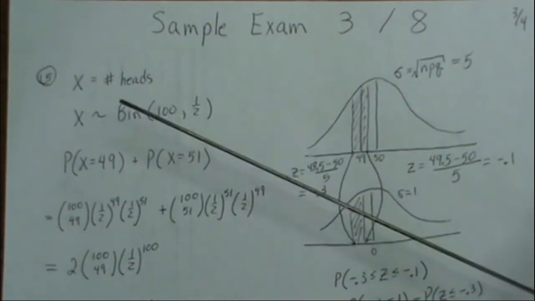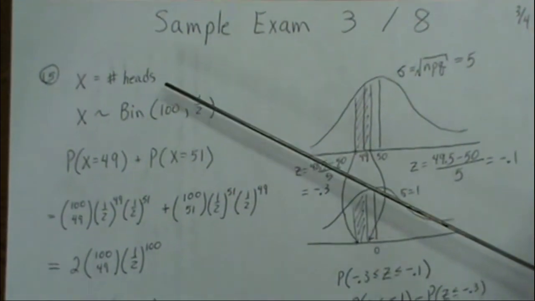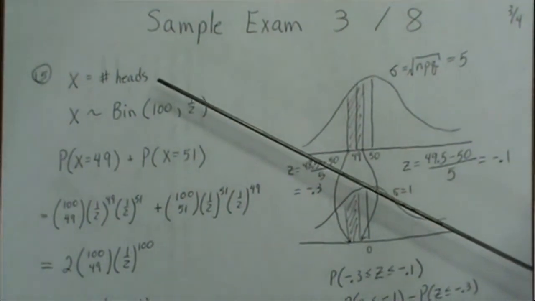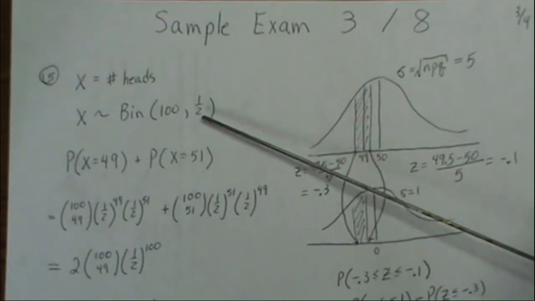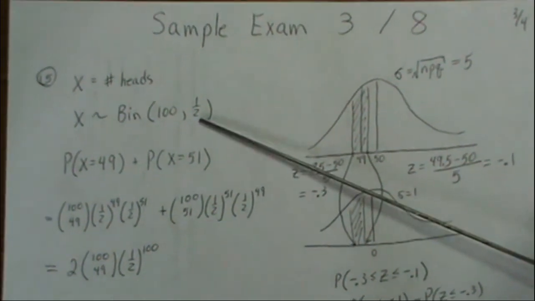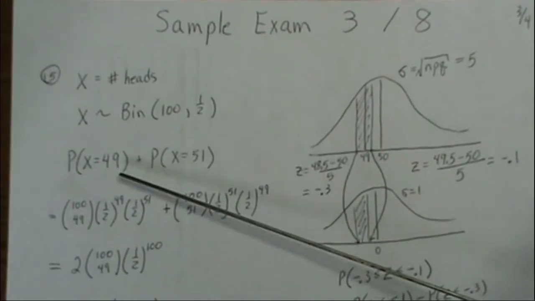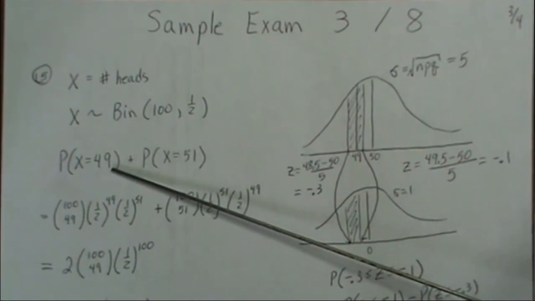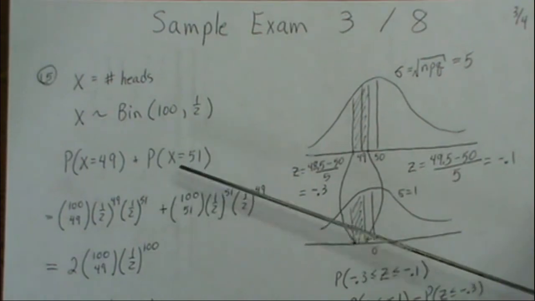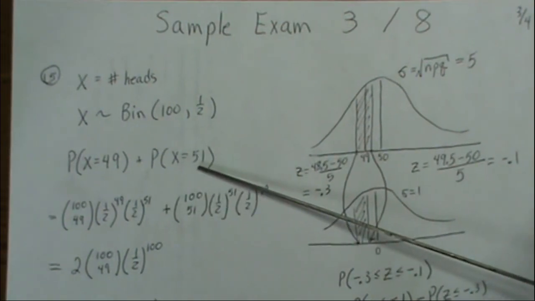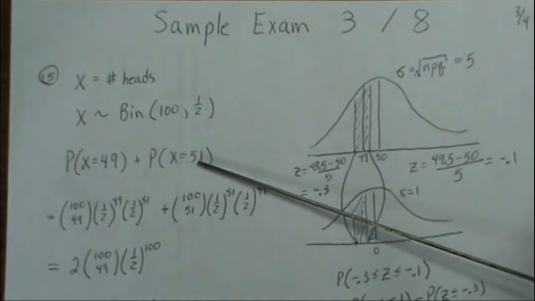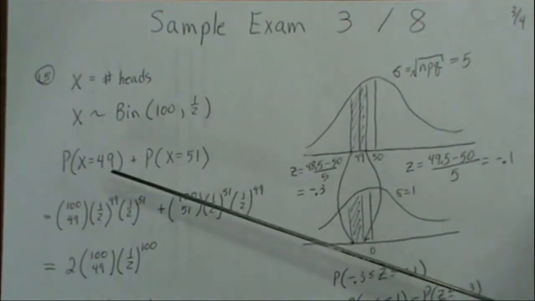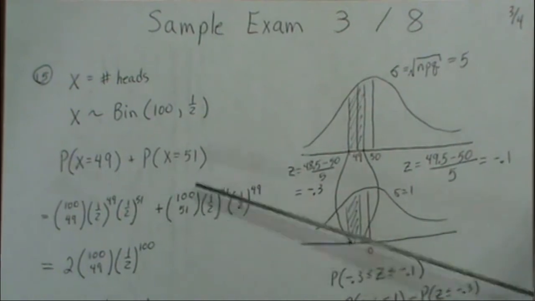So if we let X be the number of heads, and we're flipping a coin 100 times independently, X follows a binomial. So to be off by exactly 2, that means X is 49, so the number of heads is 49 and the number of tails is 51. Or we could have the number of heads is 51 and the number of tails is 49. So the probability of each of those events is this.